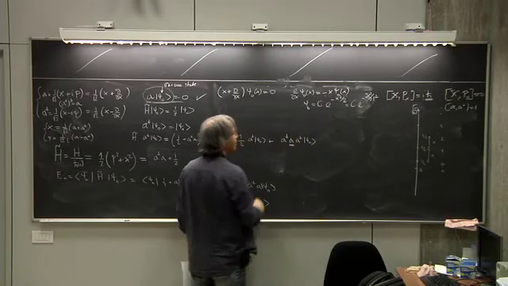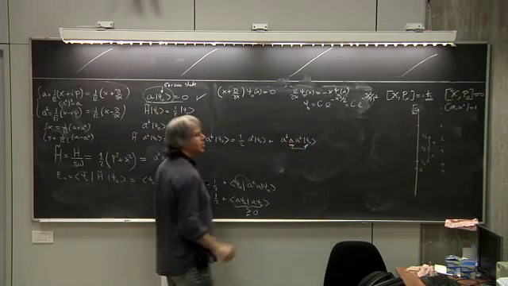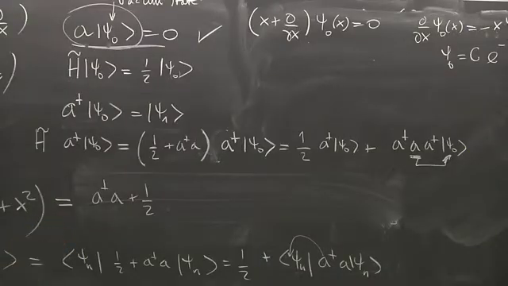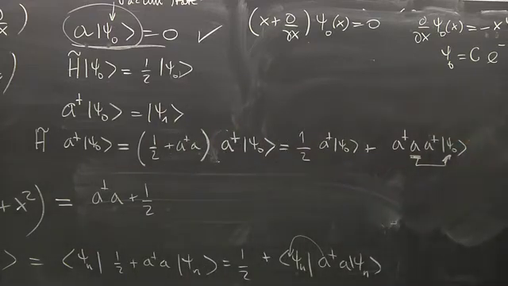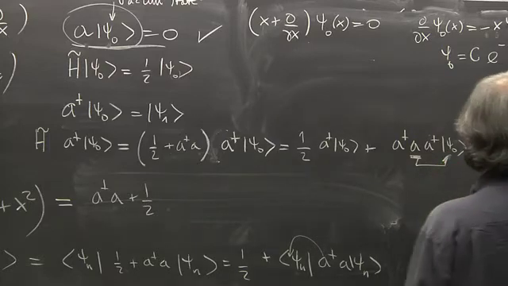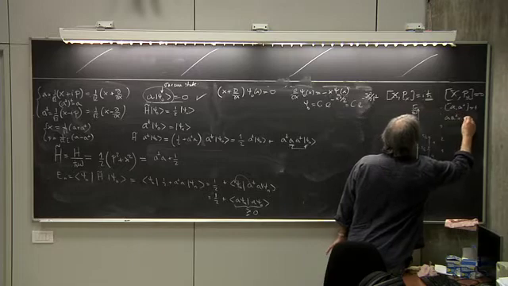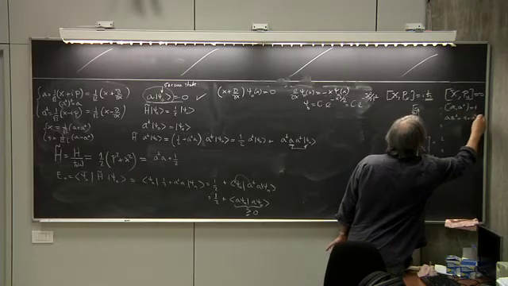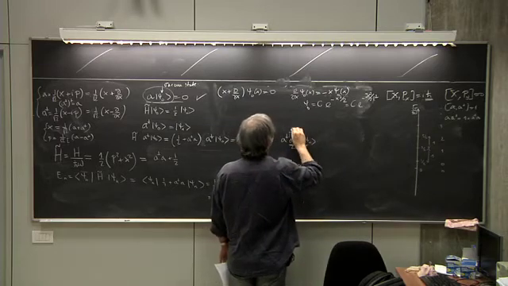Now, A really wants to go towards psi 0, because when it hits psi 0, it kills it. Now, the problem is that there is an A dagger in the middle, which is somehow protecting psi 0. However, you can always use those rules. Whenever you find A A dagger in this way, you can substitute this with 1 plus A dagger A.